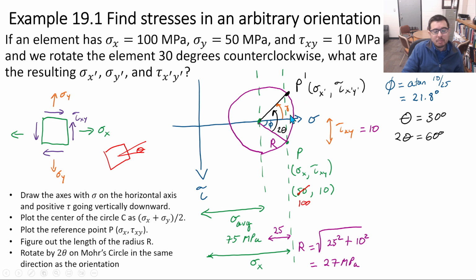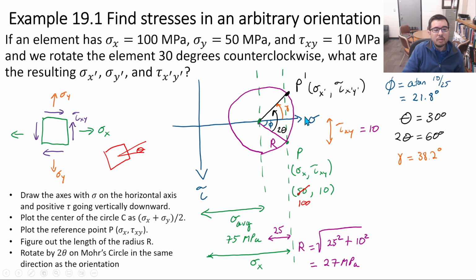And when we're describing that P prime, maybe we want to know where P prime is, not so much for practical purposes. We know it's 2 theta. We know it's 60 degrees from this CP line, but it'd be nice to know, okay, it's an amount alpha, what's the angle with respect to this horizontal axis, so that we can calculate what sigma x prime and tau x prime y prime might be, basically just through geometry.